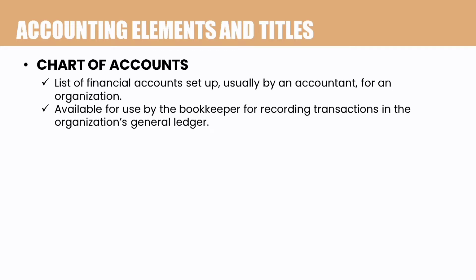Okay? So, sabi din dito, available for use by the bookkeeper for recording transactions in the organization's general ledger. So, pag sinabi nating bookkeeper naman, ito yung mga employees ng isang business na nagre-record ng mga transactions na naganap doon sa mismong business.